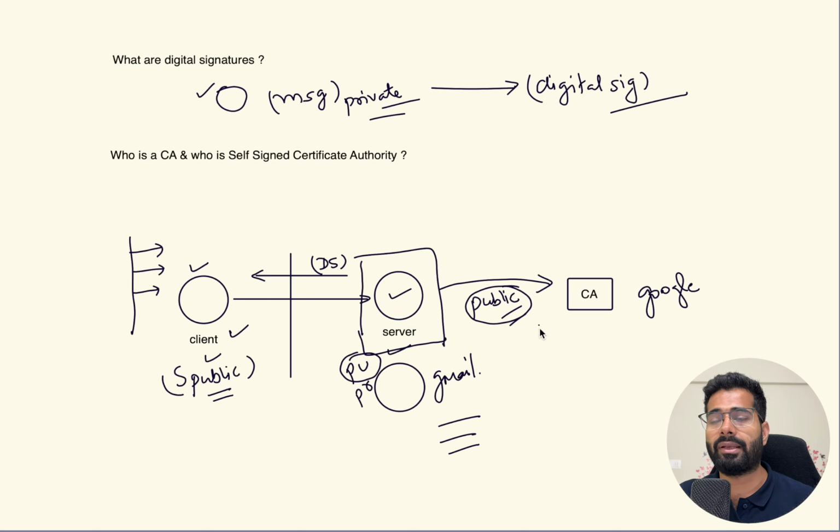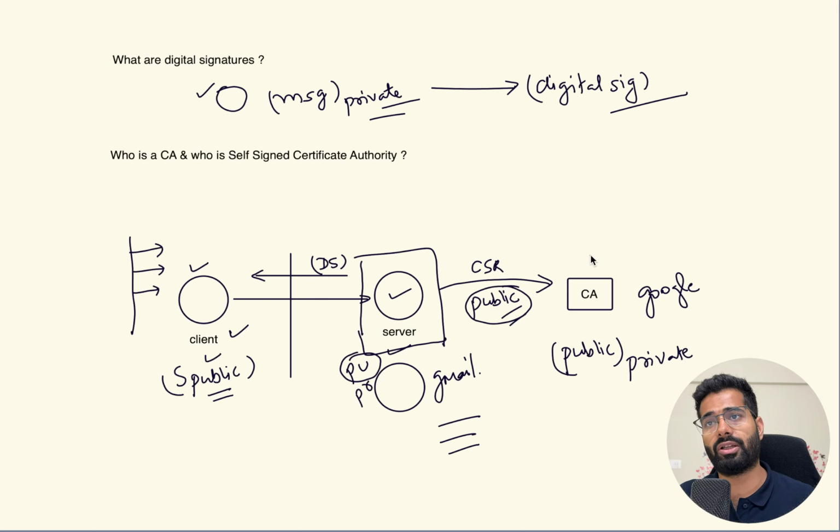Now what does that mean? It's a CSR request, basically a certificate signing request. The certificate authority will say, okay, give me your public key. It takes the public key and encrypts it using the private key of the certificate authority.